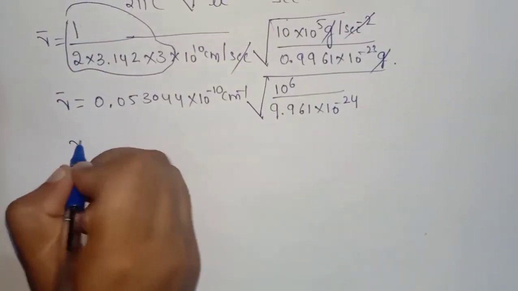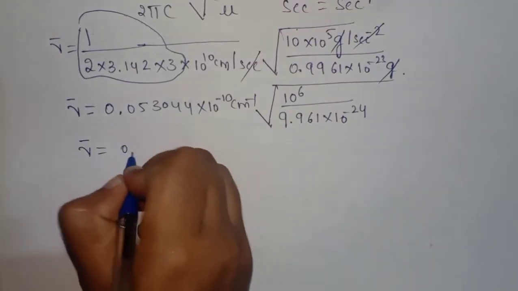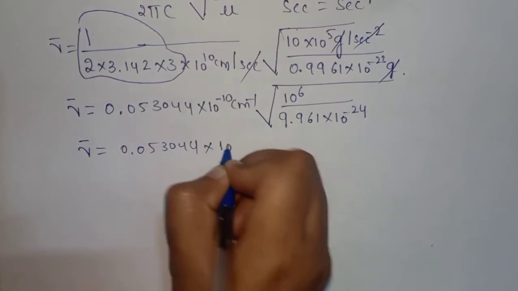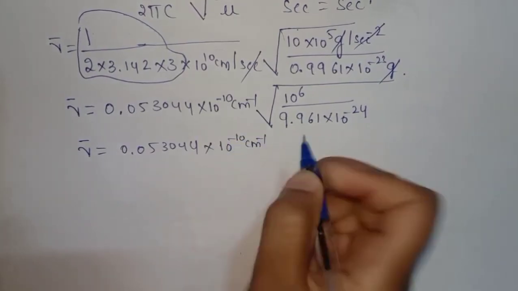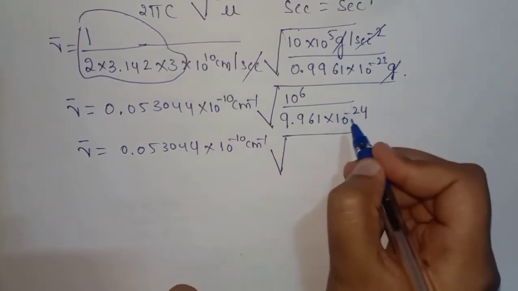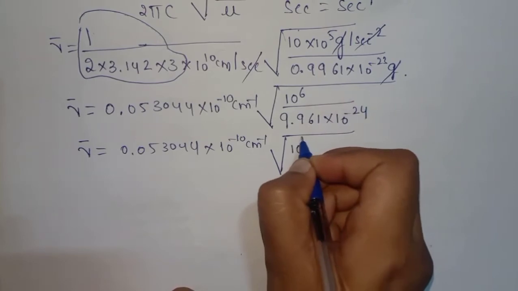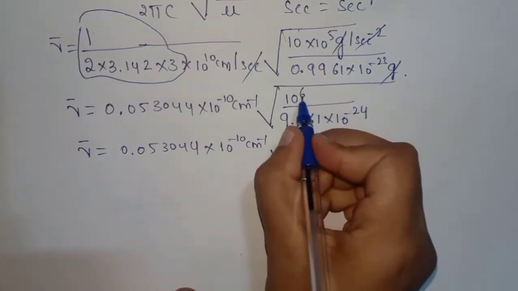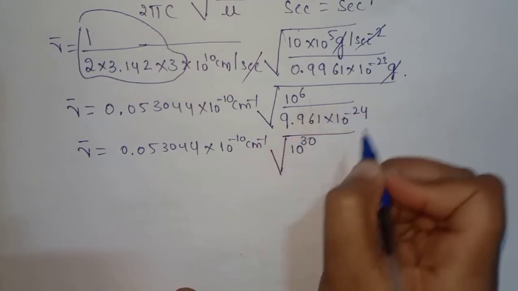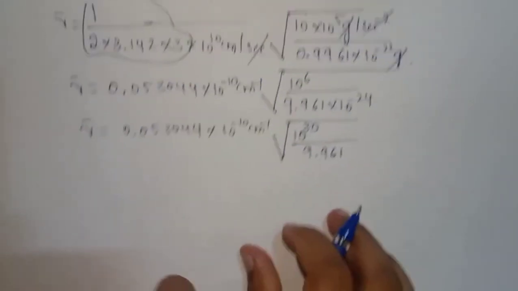Here, nu bar is equal to 0.05344 into 10 raised to minus 10 centimeter inverse. And in the square root, if I bring this 10 raised to minus 24 to the upper side, it will become 10 raised to 30. Why? Because it will become plus 24 and it is 6. So 6 plus 24 is 30, divided by 9.961.